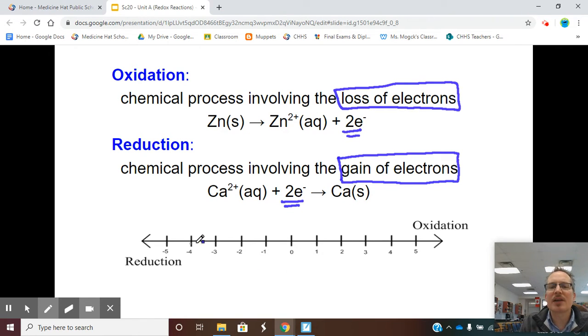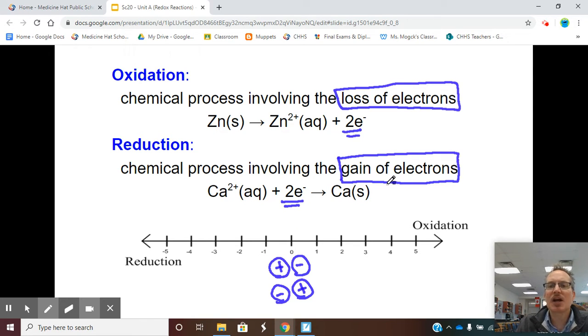Now, I want to look at this in terms of a number line. So let's look at a neutral substance. We're going to put a nice balance of positives and negatives here. So this has a charge of 0. Positive, negative, positive, negative. They cancel each other out. Now, the definition of reduction says it involves a gain of electrons.